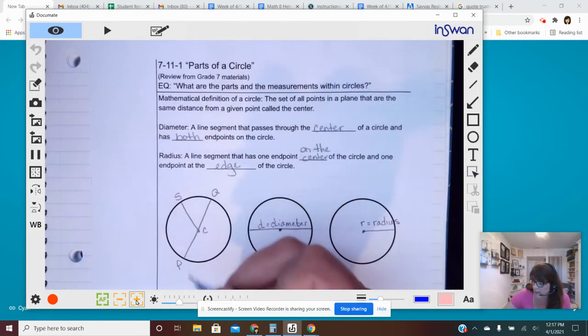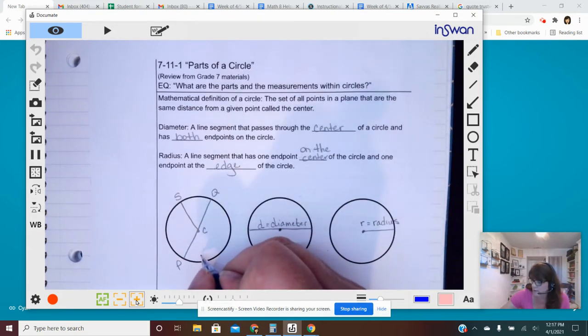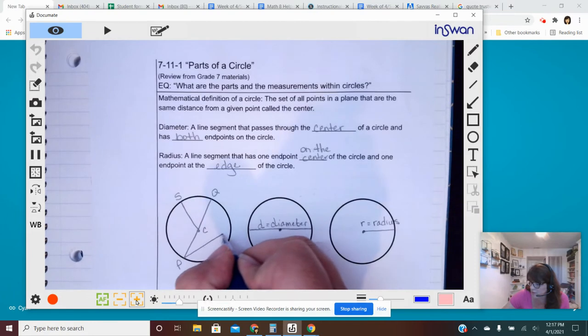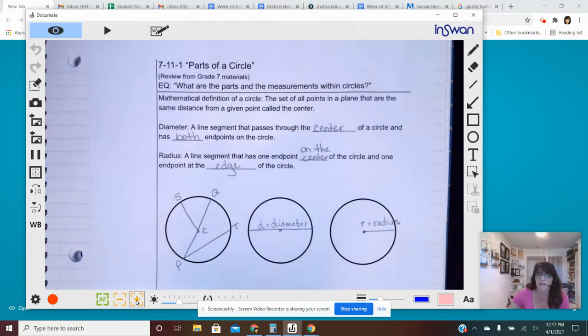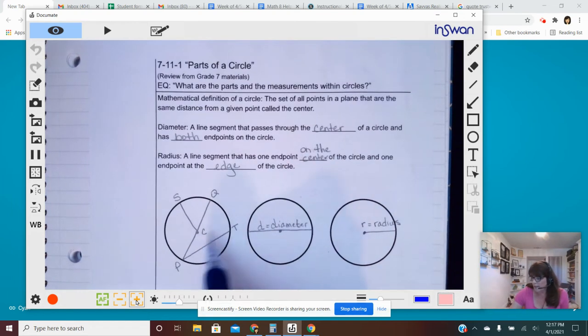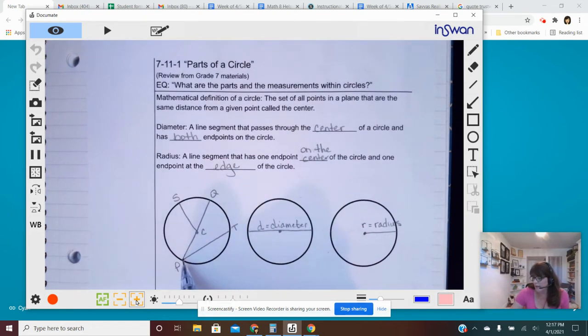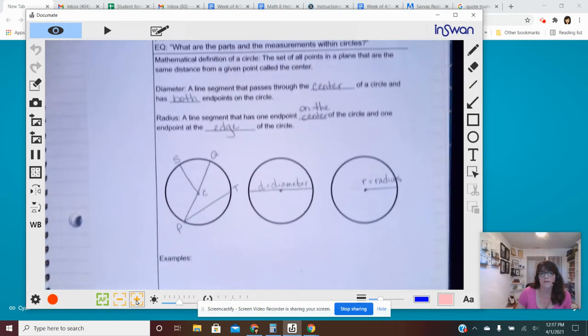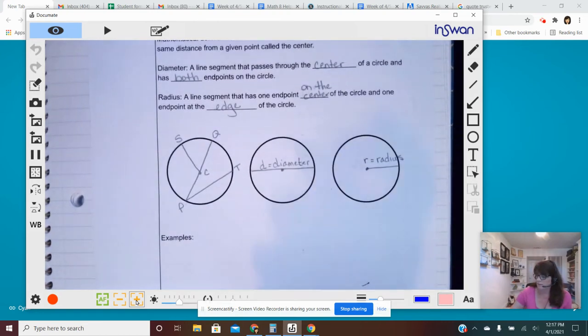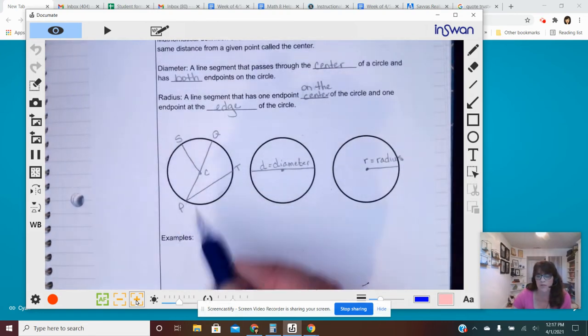I'm going to mark that one S. And I'm going to mark a line that goes over this way, T. So when I labeled the circle, every single spot got a letter. And then we name the points on the circle.